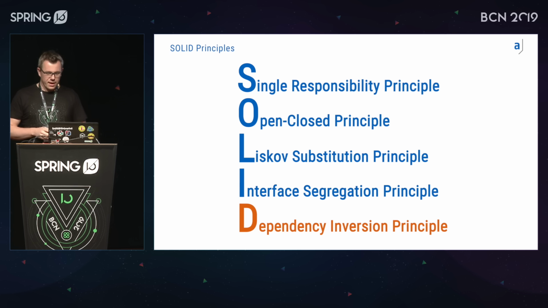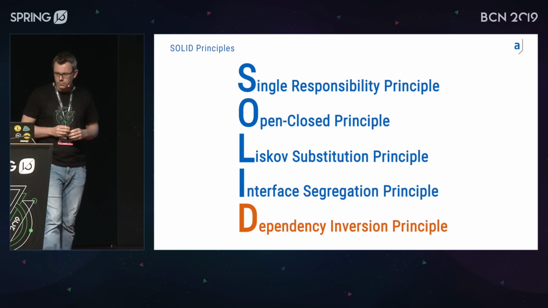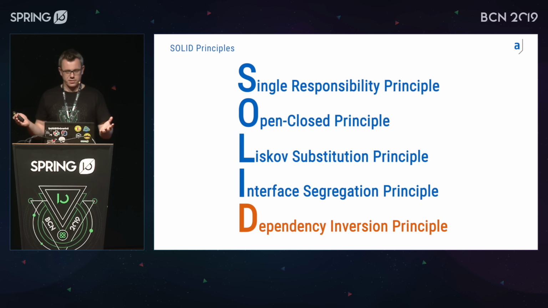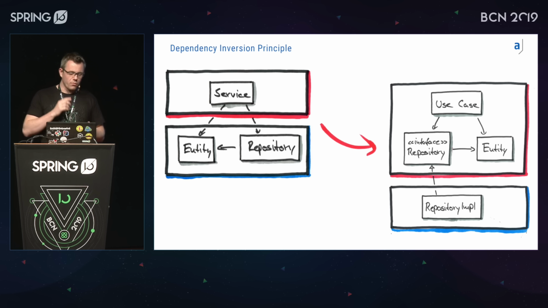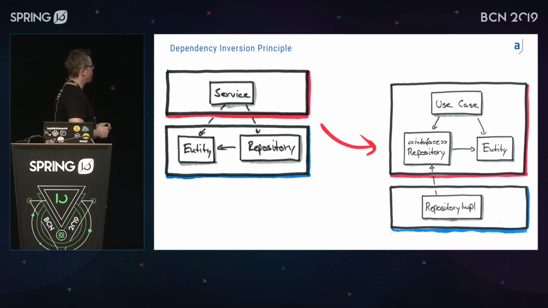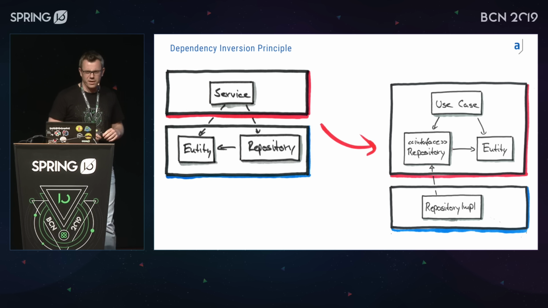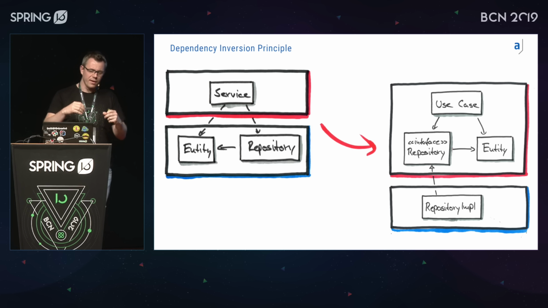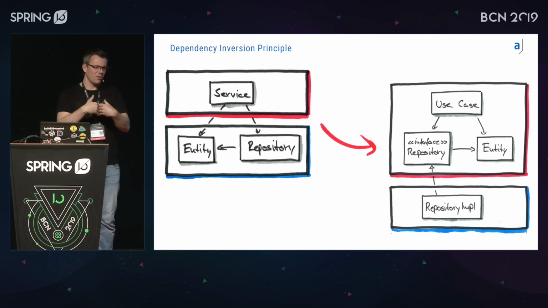Let's look first at the dependency inversion principle. What does that mean? Obviously, it means that we can invert dependencies in some way. On the left side is our database-driven design. We have the service, the entity and the repository, and the service has a dependency on the persistence layer.